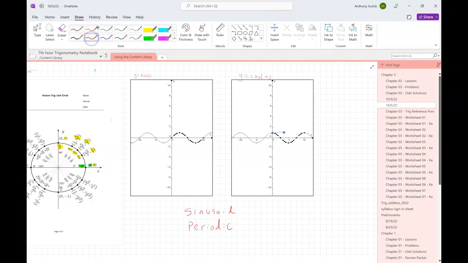Or I could have shifted it back a little bit more, and what are we going to end up with? Just the sine function again, right? You could shift cosine left or right, different amounts, and end up with sine again. And you could do the same thing with sine. You could shift it left or right and end up with cosine. Everybody's okay with that?